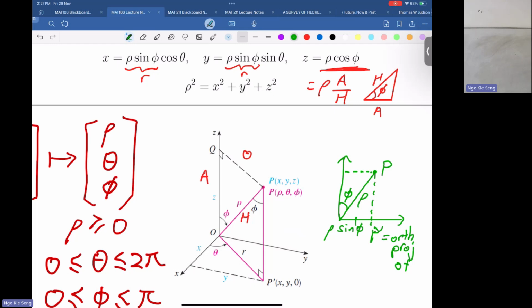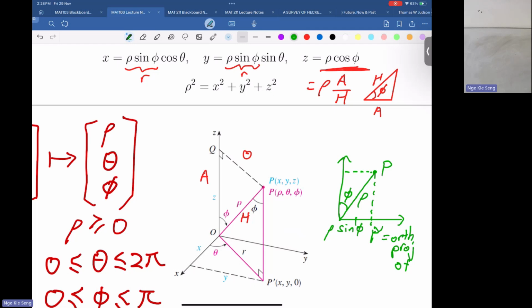Okay, so if you look at this P here and you want to do an orthogonal projection onto this plane, which is the plane of the z of P prime, how do you compute the distance from the origin to P prime? Given that you know phi and rho, you simply take rho sine phi, because sine phi is opposite over hypotenuse. So this length is the opposite edge of phi.